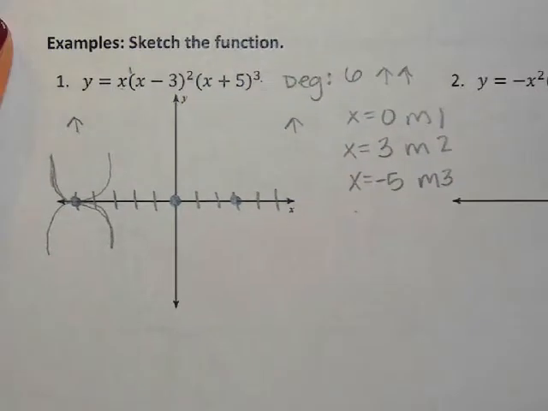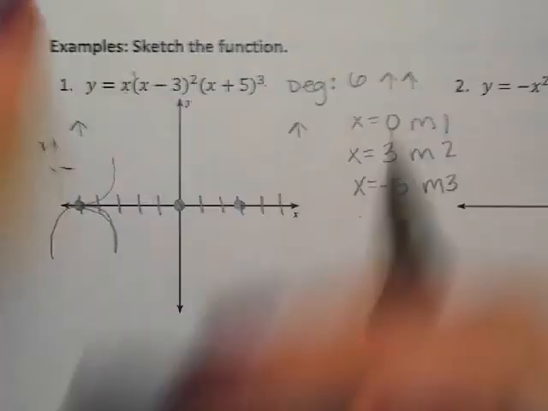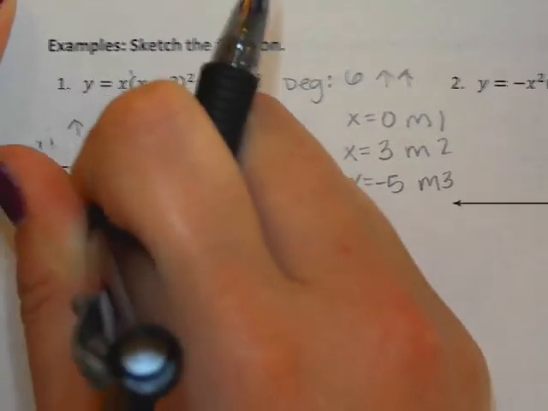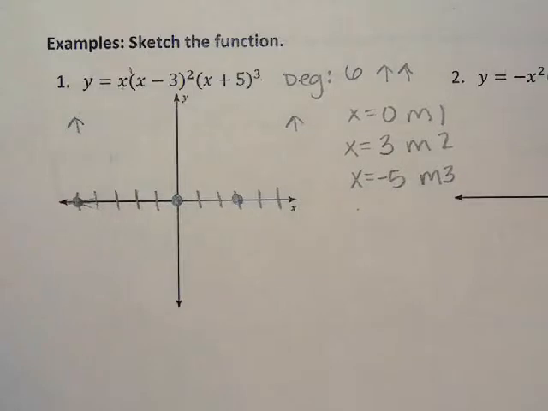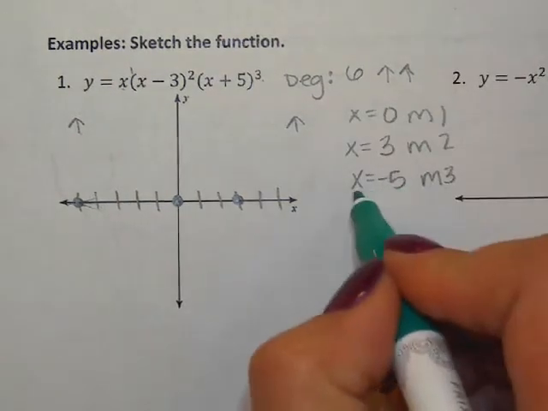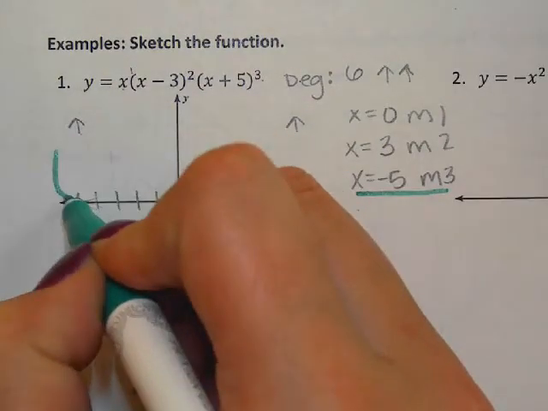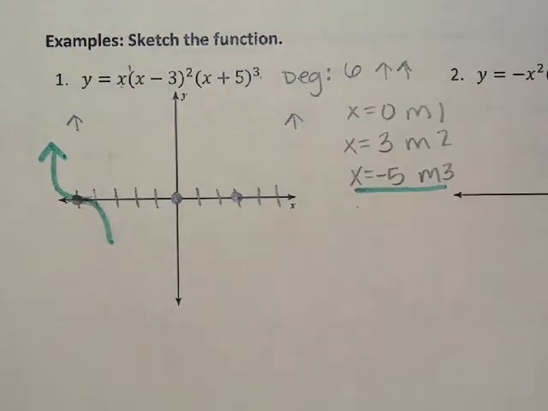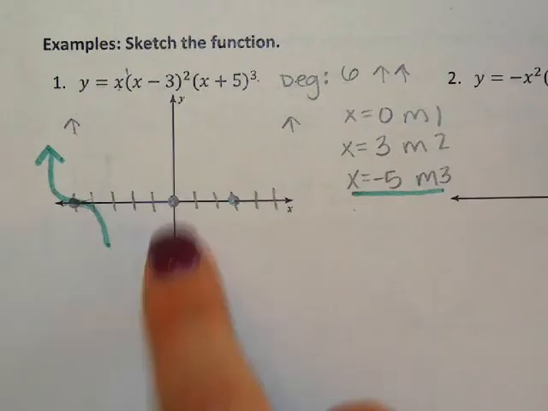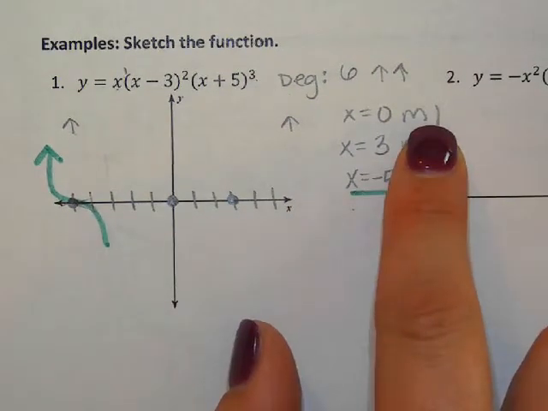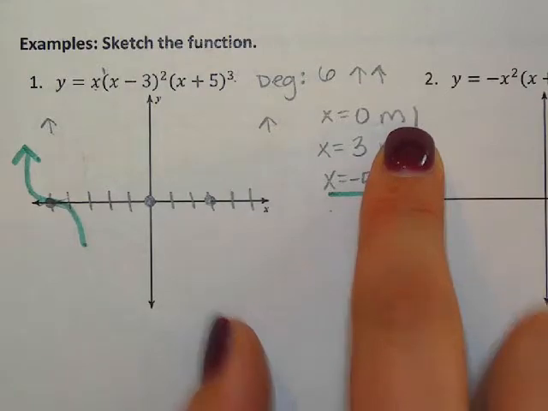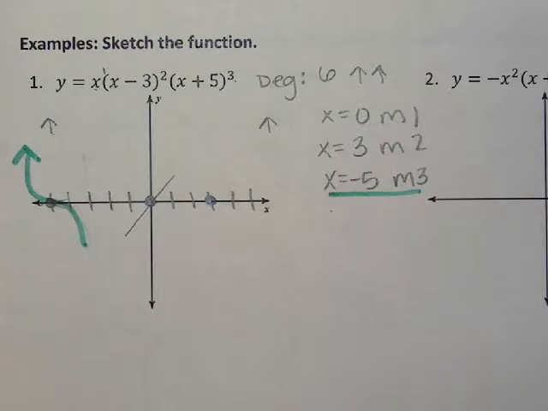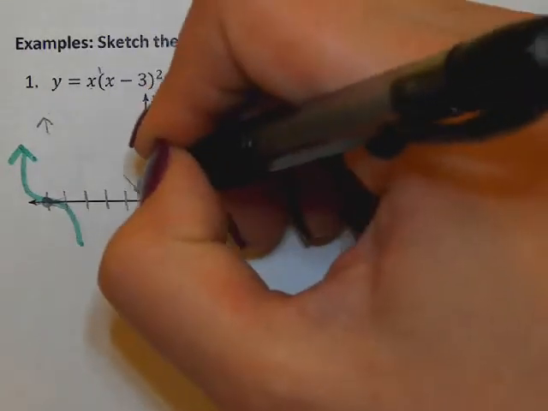Okay, so I'm going to go ahead and erase this and make it look nicer. And I'll do this in color so you guys can see. So I'm going to go through like this, and that has my left arrow up at the top, which is what I wanted it to have, right? Okay, at the 0, I have a multiplicity of 1, so I have 2 options. I can slant up to the right like this, or I can slant down to the right like that.